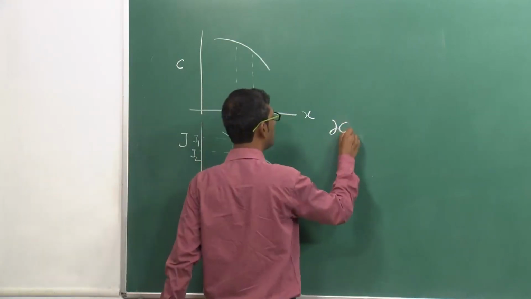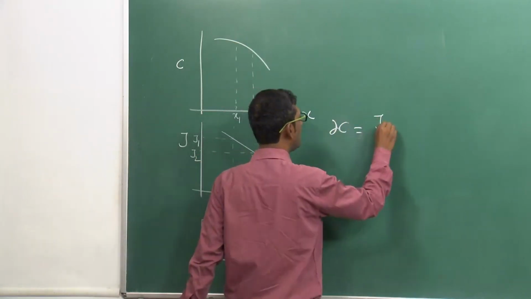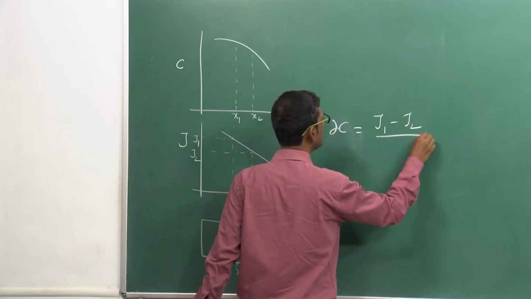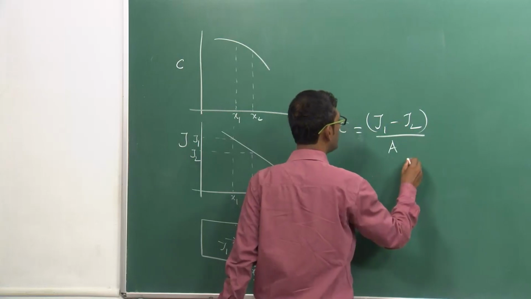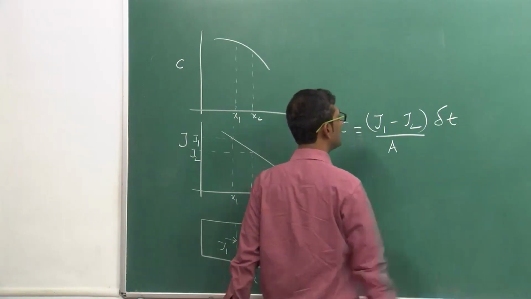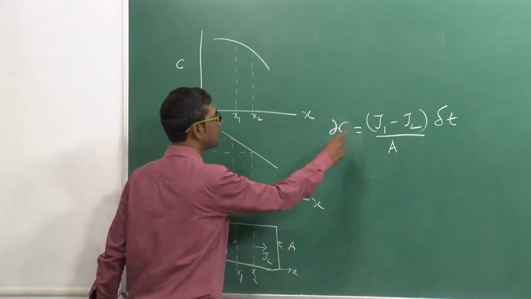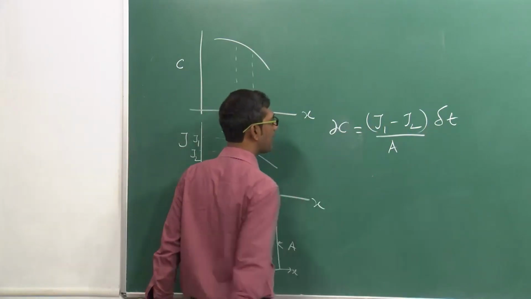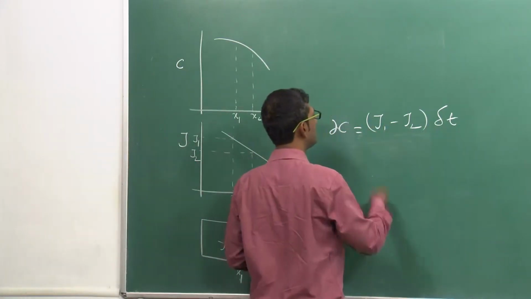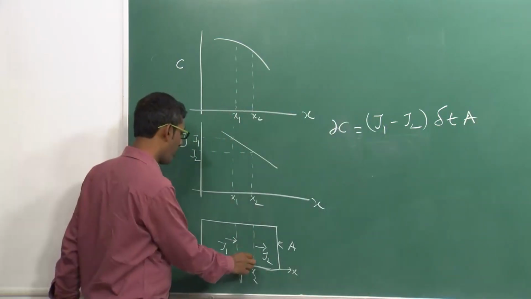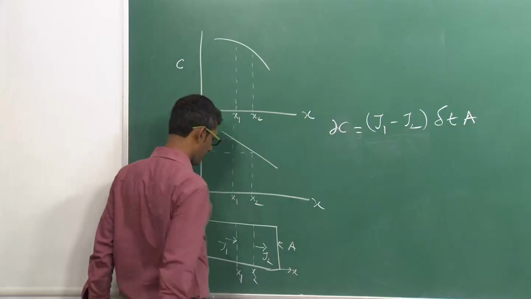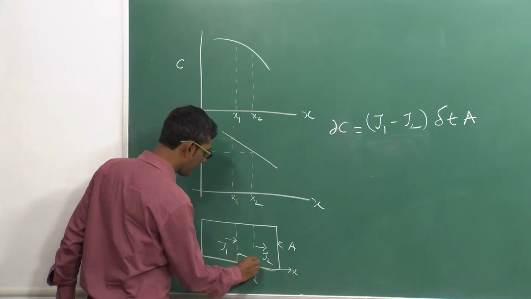The mass occupied is basically equal to J1 minus J2, divided by A, and this must obviously be equal to del T, because the flux multiplied by time into area will be equal to the occupied concentration in this small part.